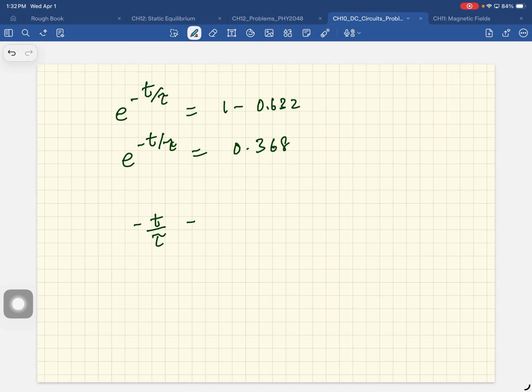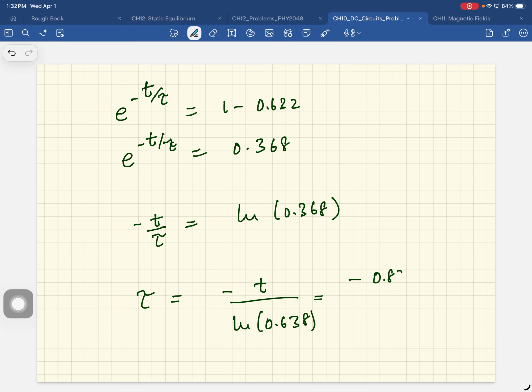Take the log of both sides, natural log. As you can see, I'm dyslexic.